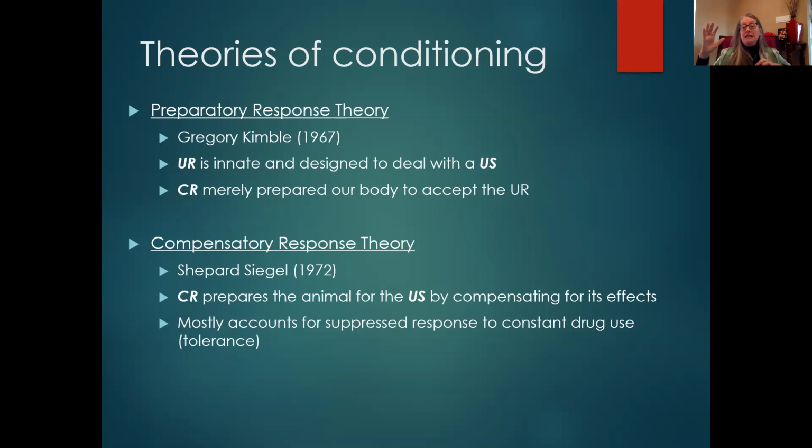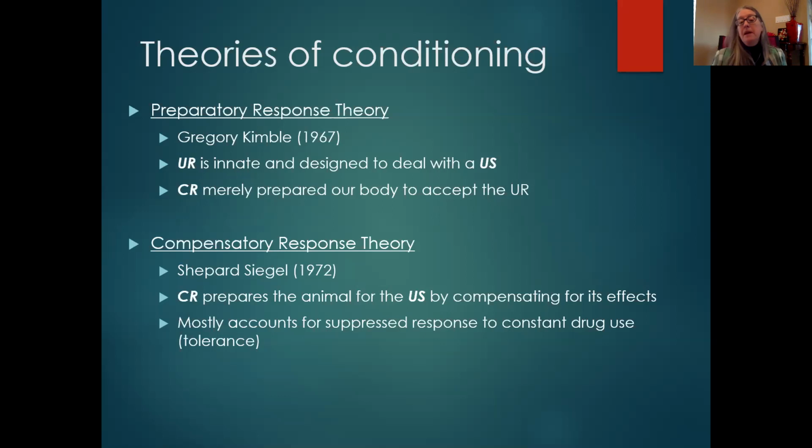So it would be better to freeze in that situation. So the conditioned response of freezing is a much better response to the sight of the cat, which would be like the CS, whereas the cat being right on them or very close to them or touching them, that being the US, would lead to a better UR of jumping out of the way. And so Kimball does not believe that the UR and the CR are always the same. In fact, he believes that the CR just prepares our body for the UR. In this case, the freezing is a better thing to do than hopping out of the way or trying to pounce out of the way.